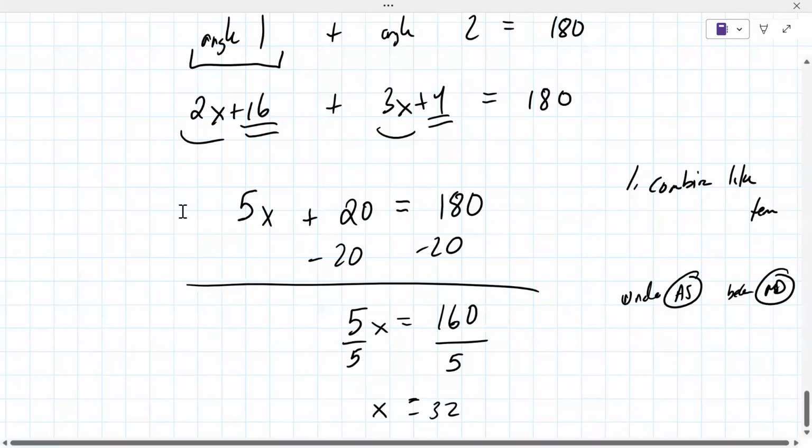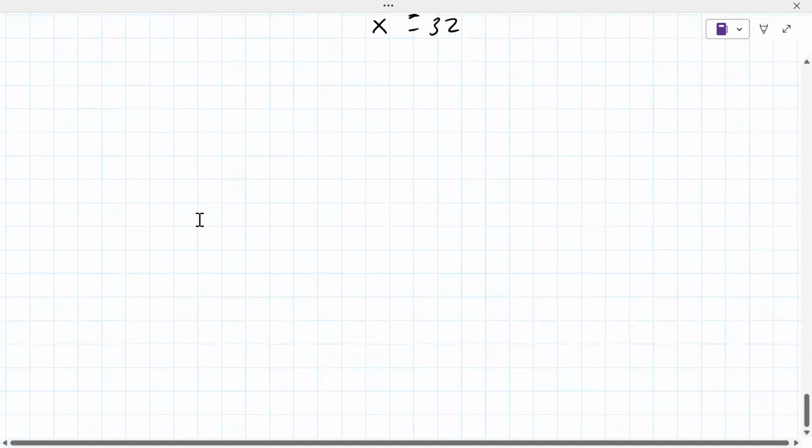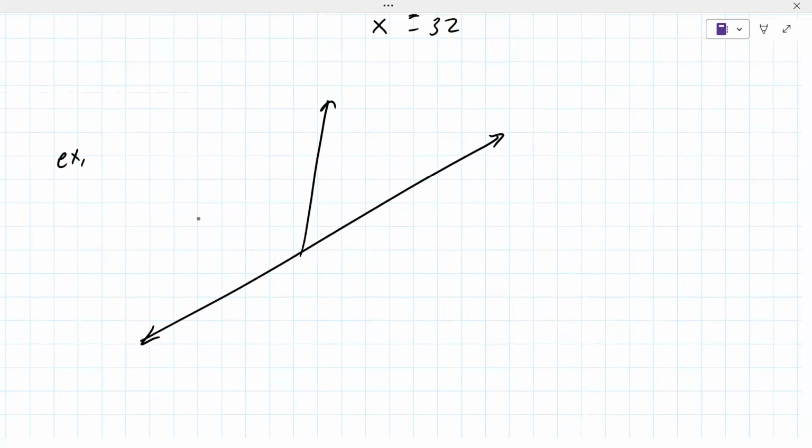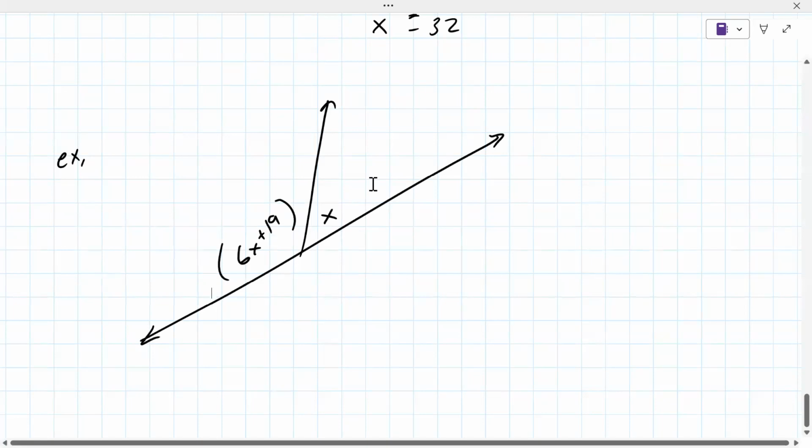Very good. All right, let's look at another example here. Here's your line. And let's say that this is x, and this is 6x plus 19. Can I just try to get to the final answer on this? Sure.